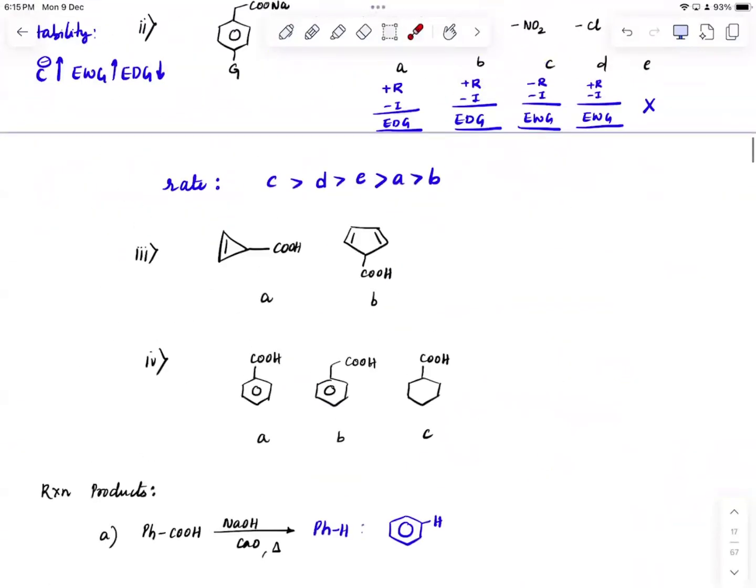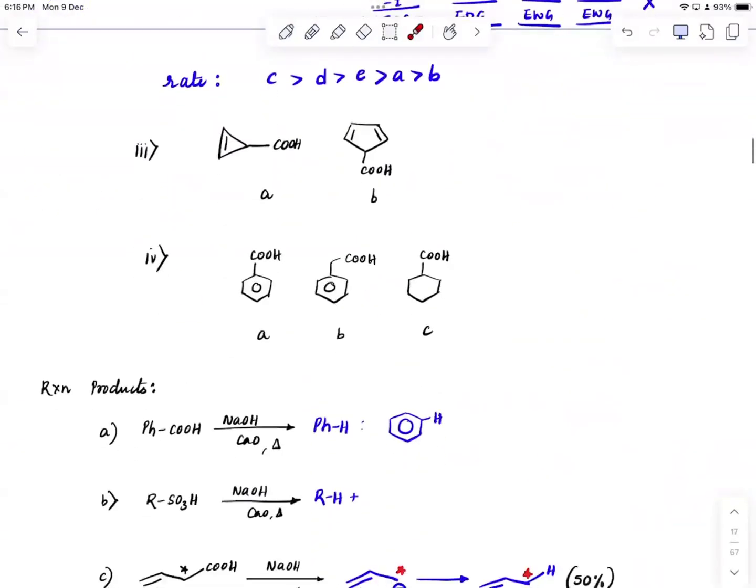See, the rate of decarboxylation depends on the stability of the carbanion. So you can see this reaction also. In this case, getting a negative charge here is anti-aromatic, while getting a negative charge here will be aromatic. So if you notice the rate here, B has to have more rate than A. Next, getting a negative charge on benzene here, here, and here.